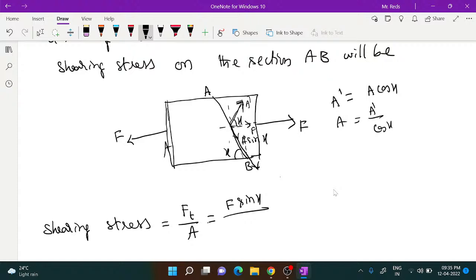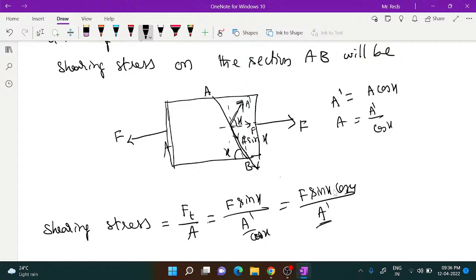In terms of A only, the shearing stress is F sin x divided by A by cos x, which you can write as F sin x cos x by A.